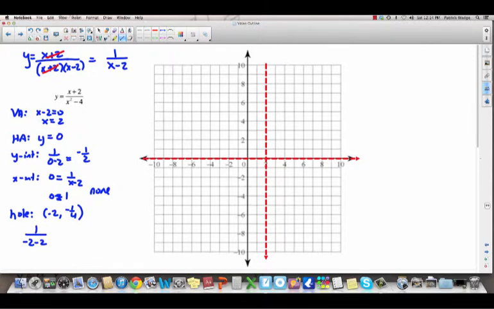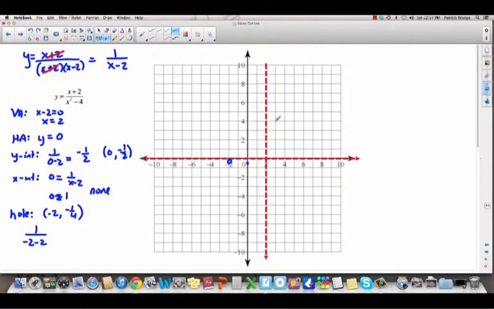We have our y-intercept at negative 1/2. In other words, (0, negative 1/2). So that's (0, negative 1/2) right there. We have no x-intercept. We have a hole at (negative 2, negative 1/4). So right around there, there's a hole. And that's all we've got.